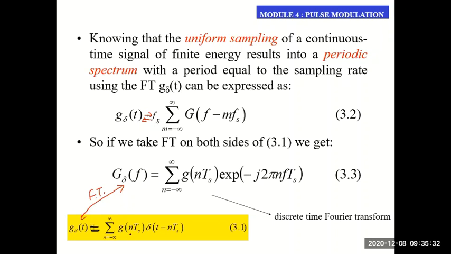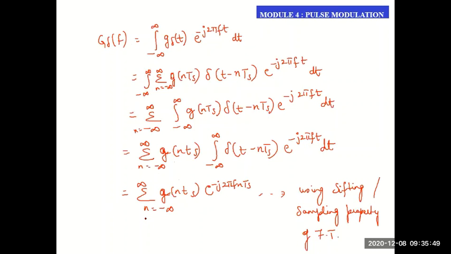And on the right hand side, I have the summation g(nTs). And what is the Fourier transform of the impulse? How do you find the Fourier transform of this? To get the Fourier transform, I should integrate from minus infinity to plus infinity the given signal g delta of t into e to the power of minus j 2 pi ft dt.